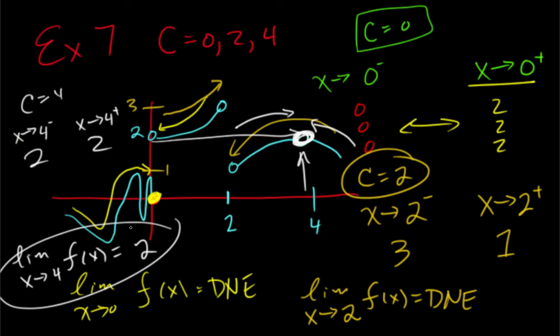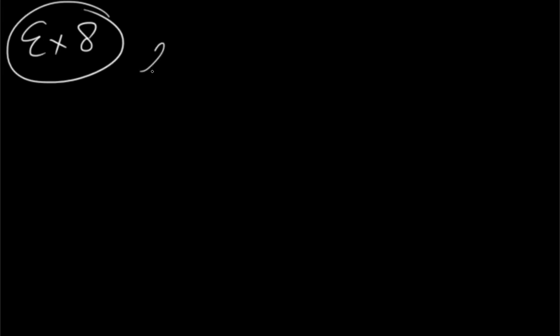Okay, we have another example. Example 8. Investigate the one-sided limits graphically. So we have the limit as x approaches 2 from the positive side and negative side of 1 over x minus 2.